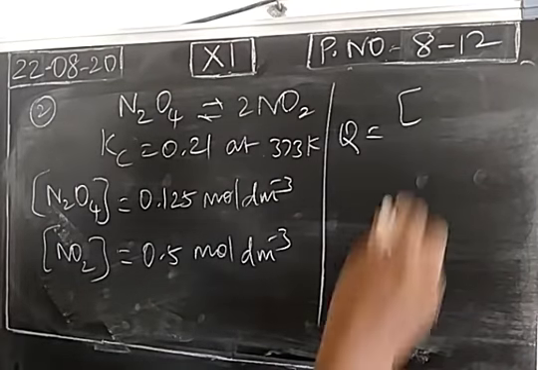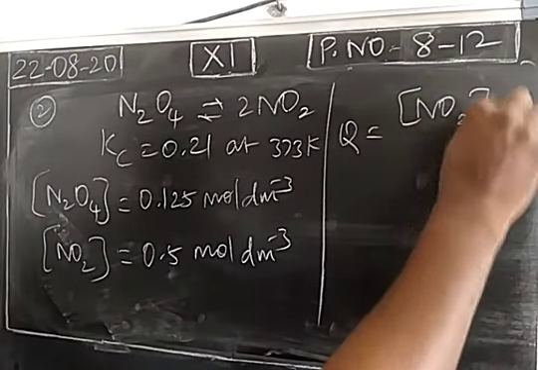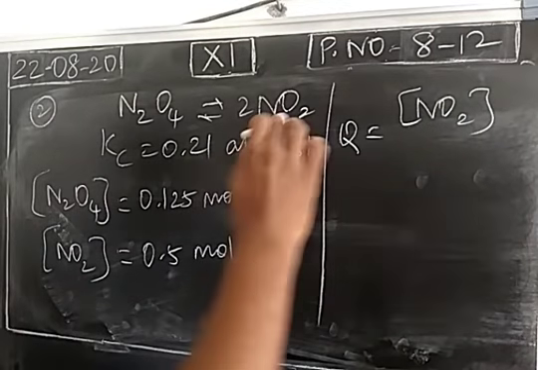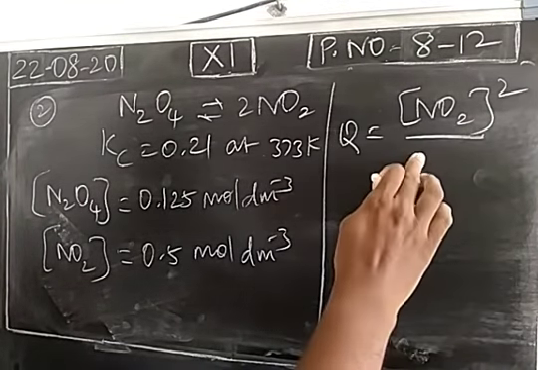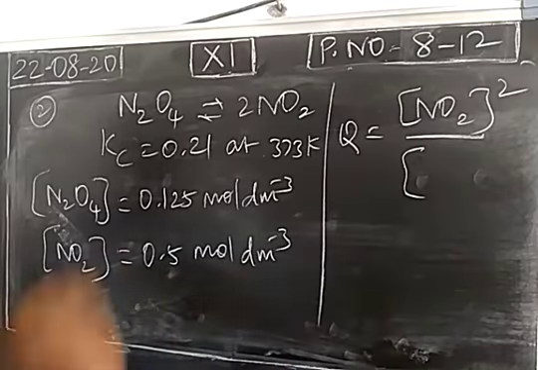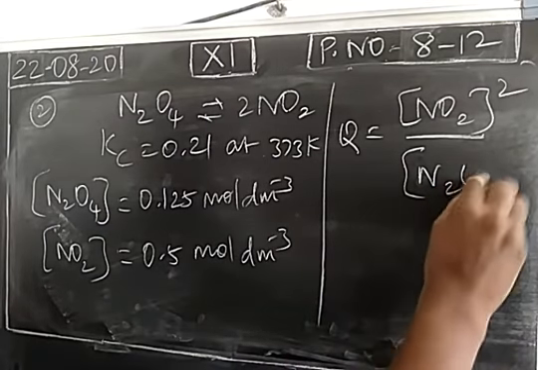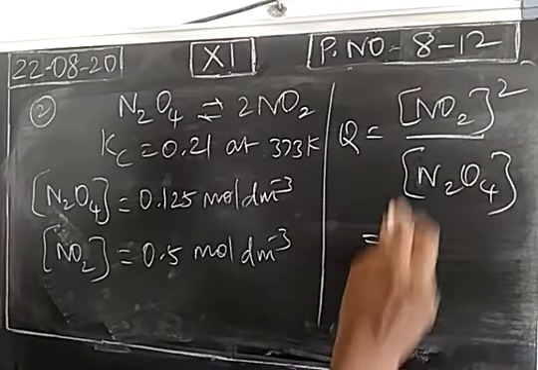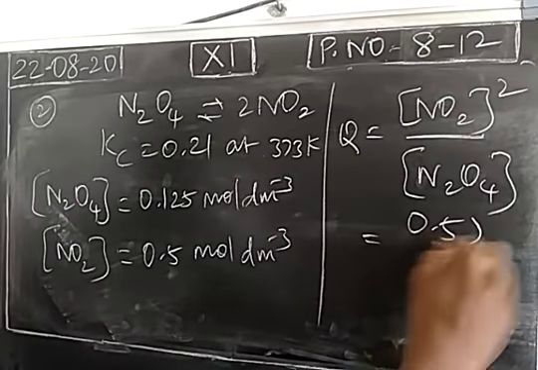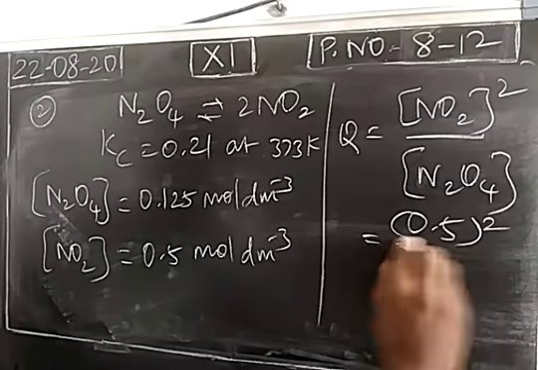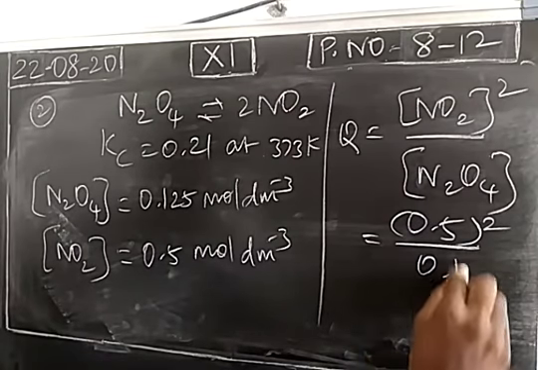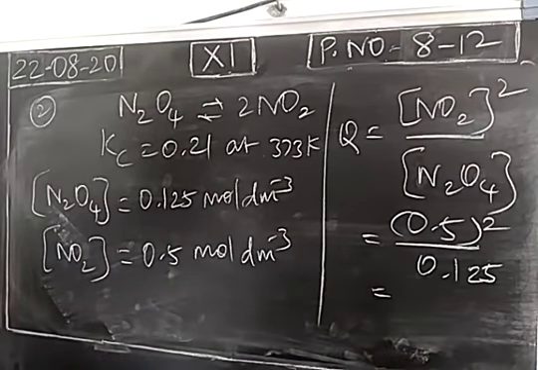In the numerator, concentration of product nitrogen dioxide, 2 moles. In the denominator, concentration of reactant dinitrogen tetroxide. So the value is 0.5 squared divided by 0.125. So the answer is 2.